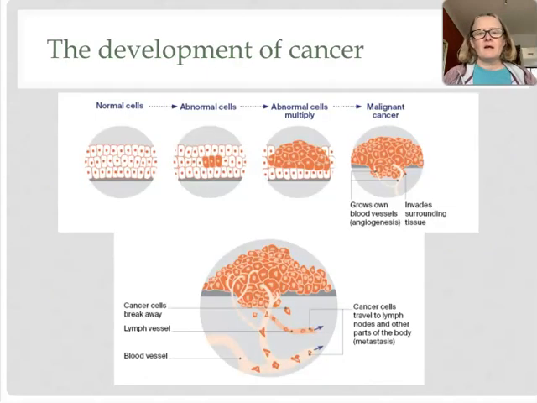Here's a diagrammatic representation of that. We've got normal cells. There may be a change in the genetics causing abnormal cells. So you can see those here. And then those abnormal cells have forgotten how to hold their place. So they just divide uncontrollably in the wrong place at the wrong time.